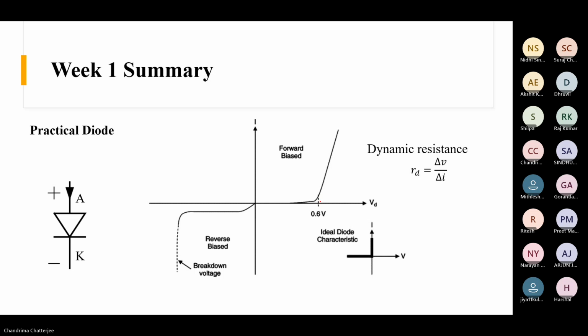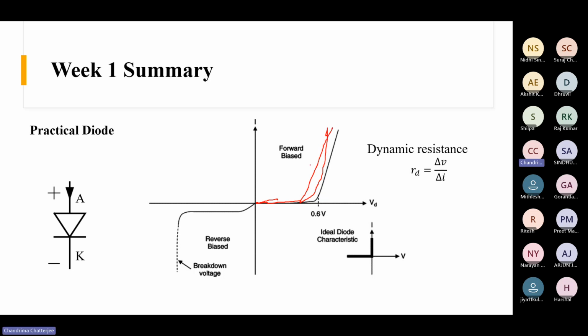The actual characteristic is something like this, sorry for the bad drawing. It is some exponential relationship. But for ease of understanding, this will be as it is up to the threshold voltage, and afterwards there will be a straight line.